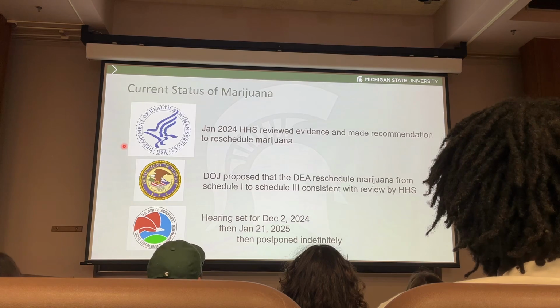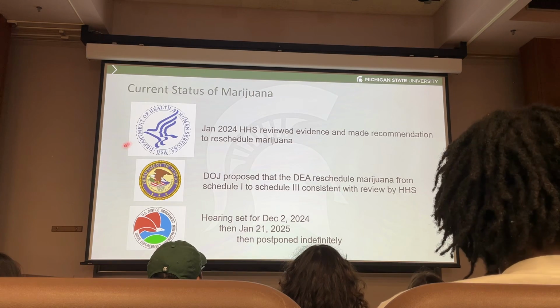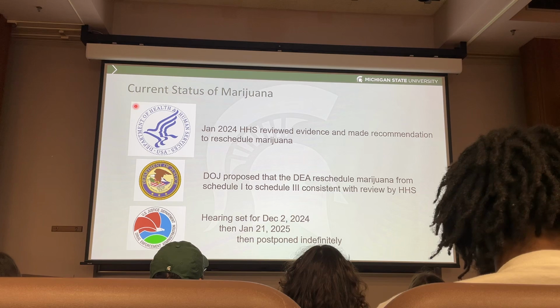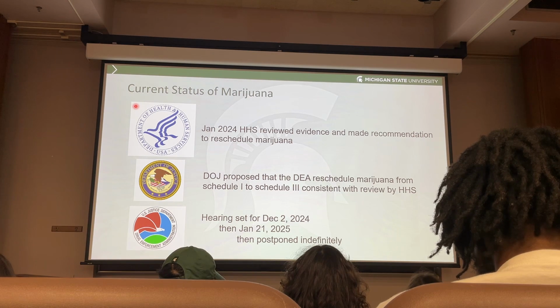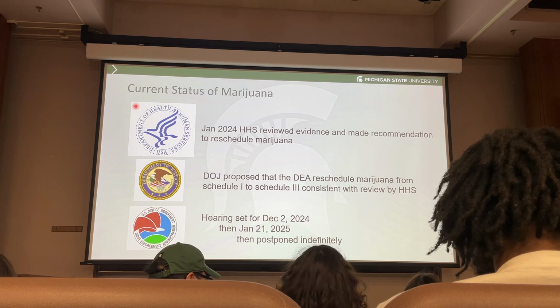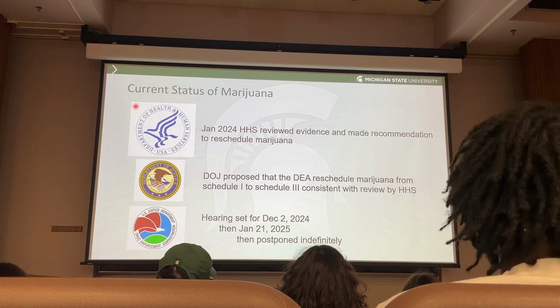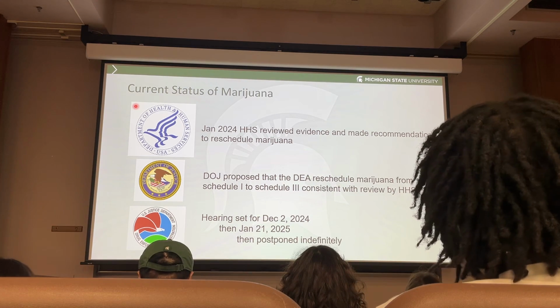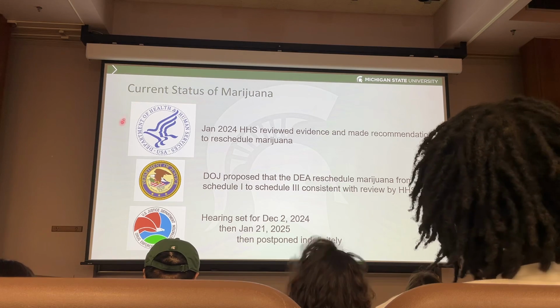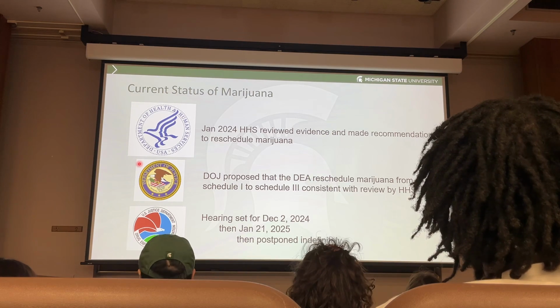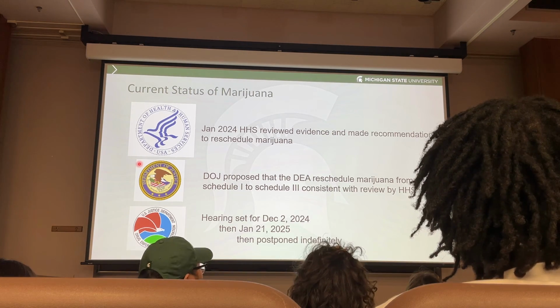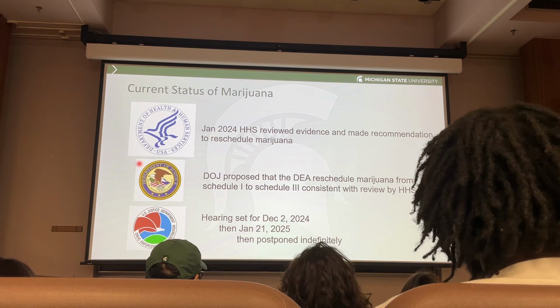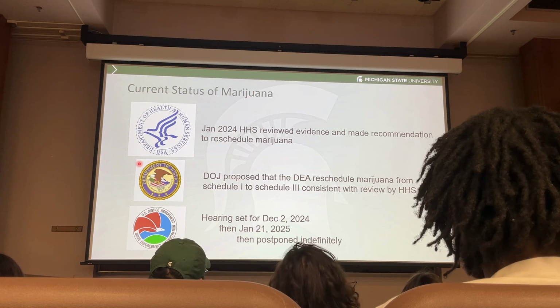And to that end, as an excellent example of what an efficient machine the federal government is, January of last year, the Department of Health and Human Services reviewed all of the evidence that was relevant for rescheduling marijuana, and then sent a letter over to the Department of Justice and said, DOJ, it's time for an adequate and realistic scheduling for cannabis.